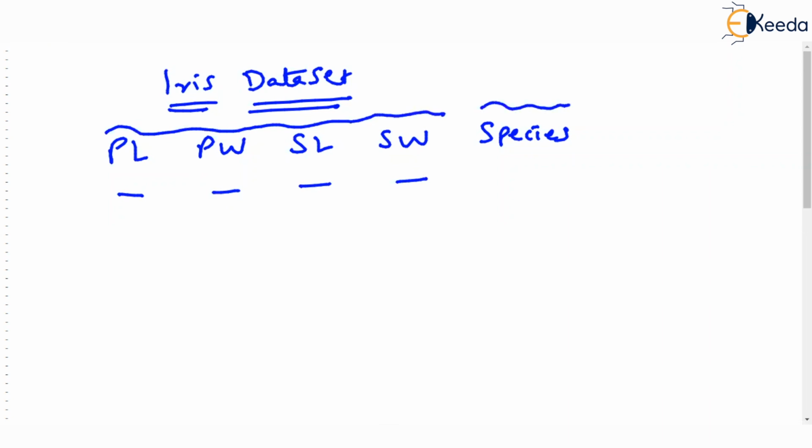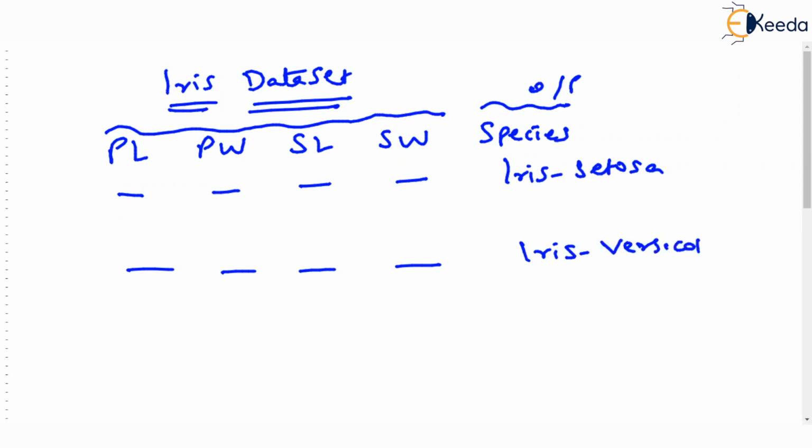This is the output or label. We found that the label can be iris setosa, or in some other case iris versicolor, or in some other case iris virginica.